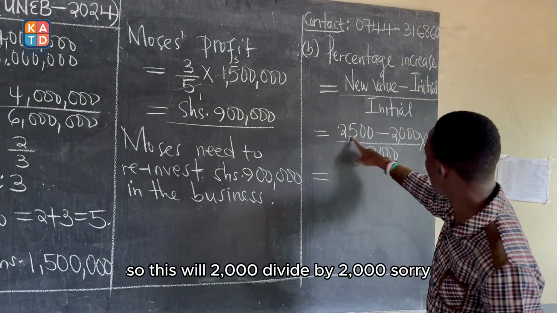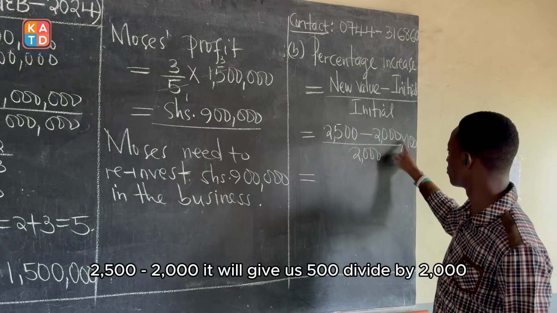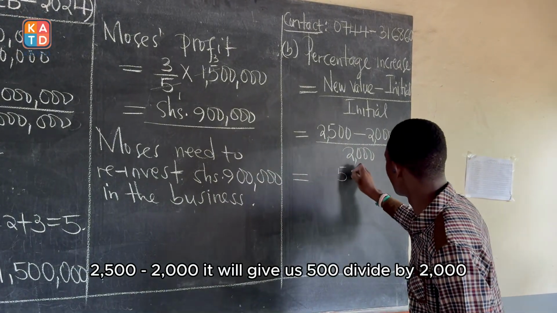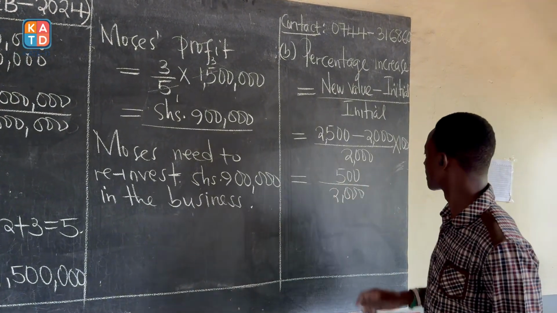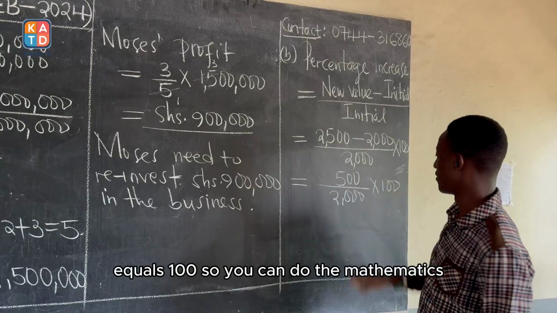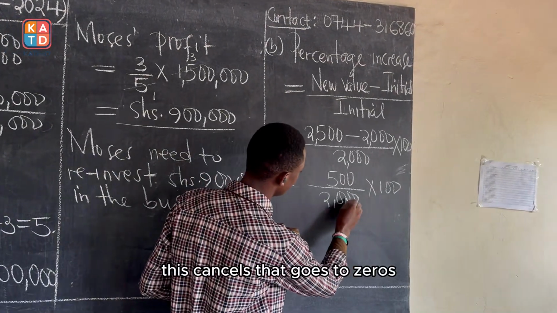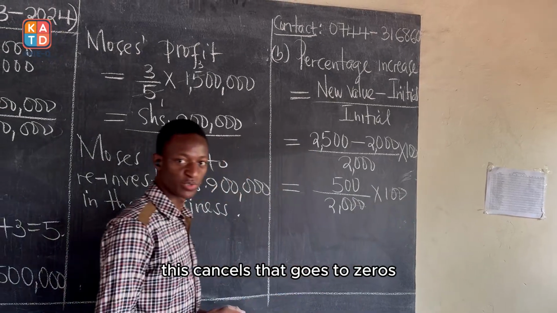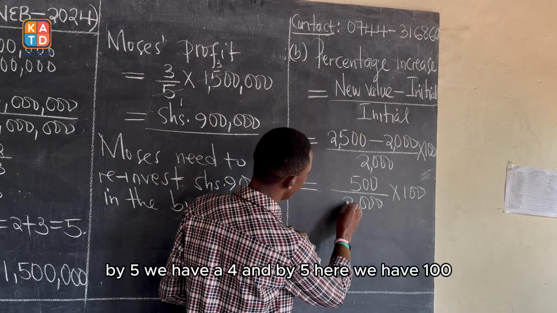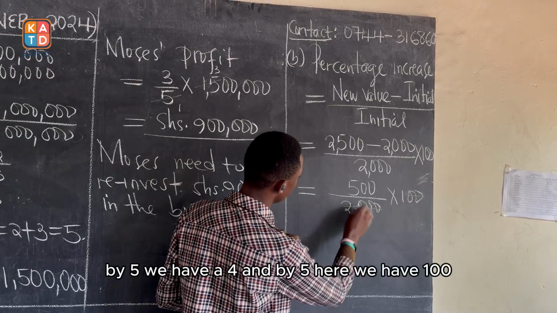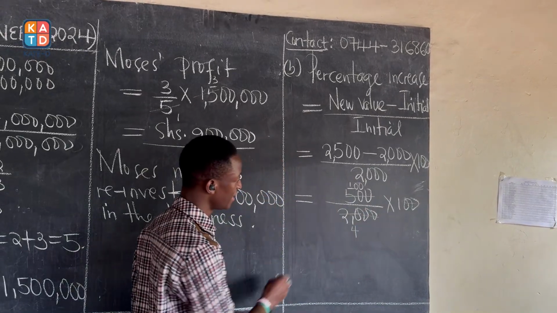So this will be 2,500 minus 2,000. It will give us 500 divided by 2,000, then times 100. So you can do the mathematics. This cancels with that, those two zeros. Then here, by 5 we have a 4, and by 5 here we have 100.